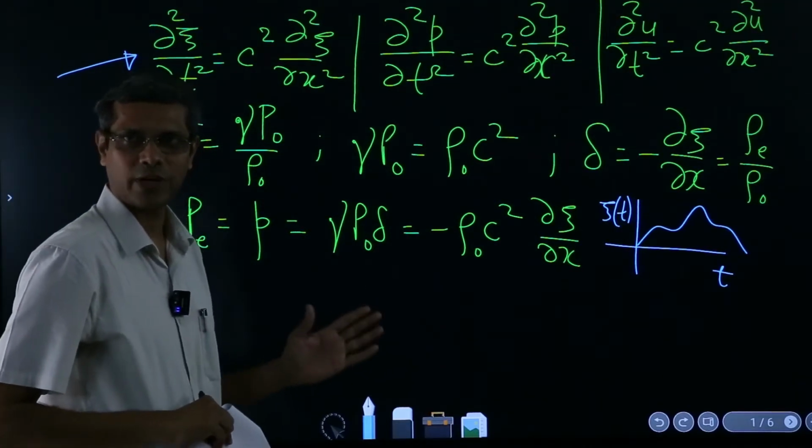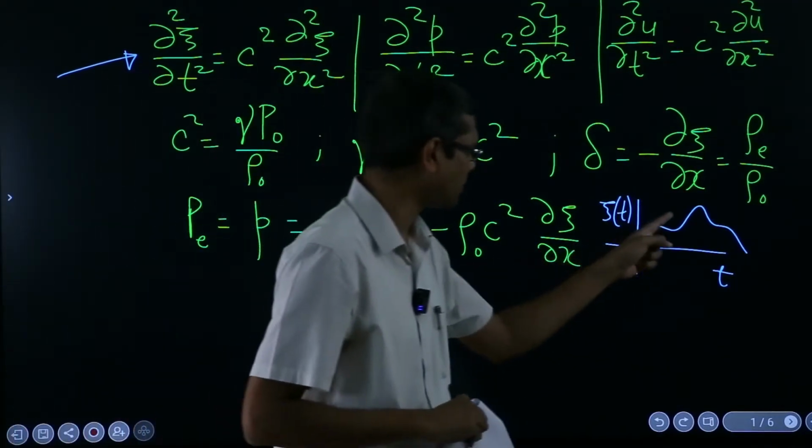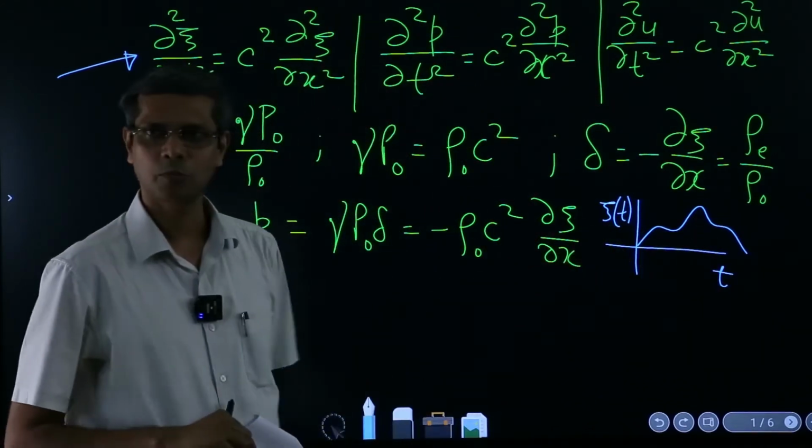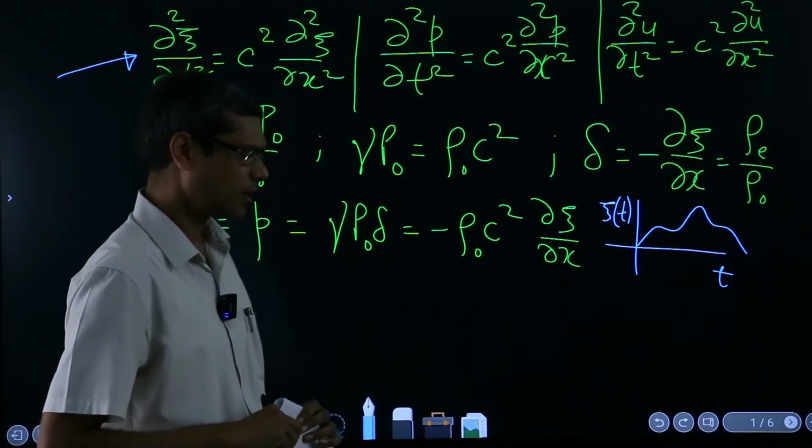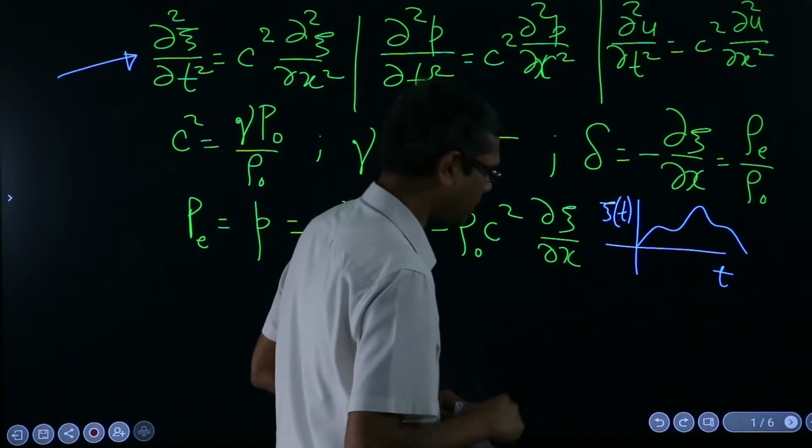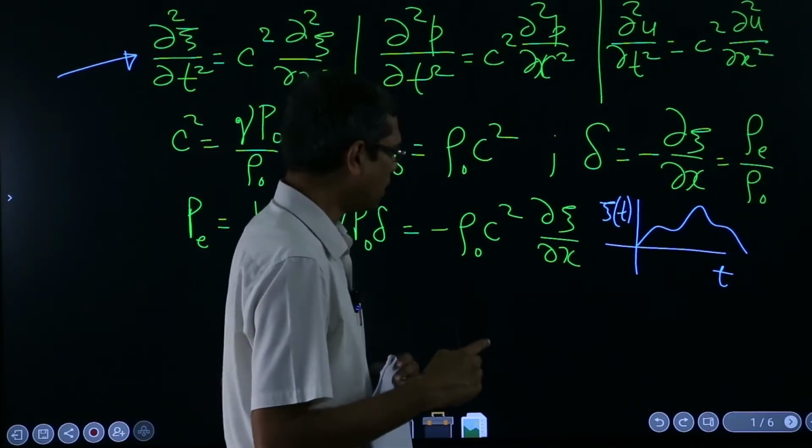If you provide a displacement field like this, that is where I would like to refer you to the string.